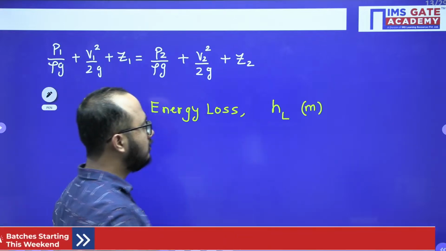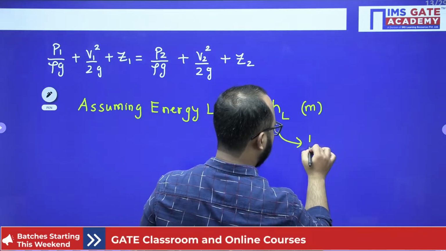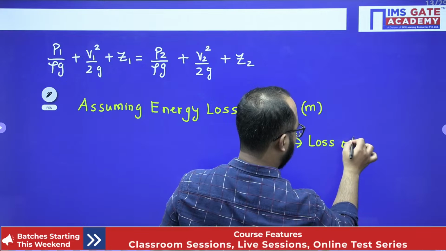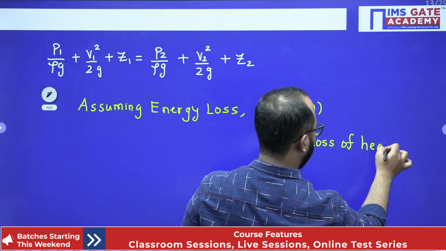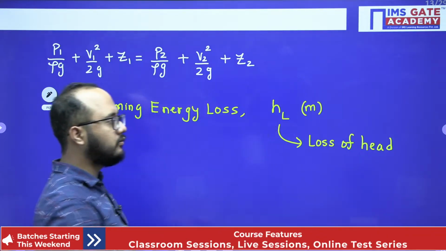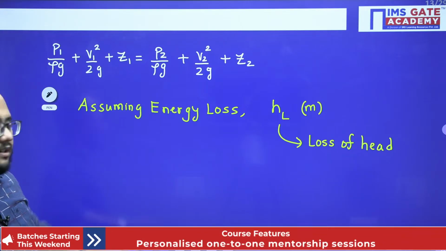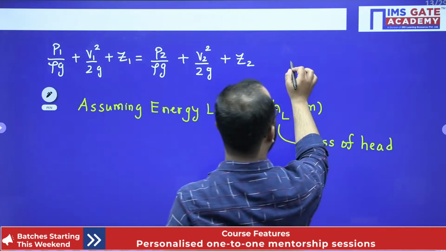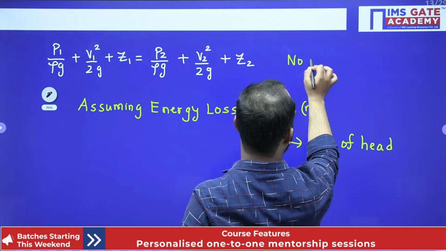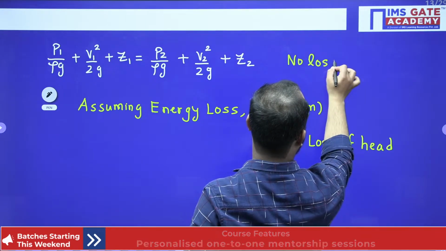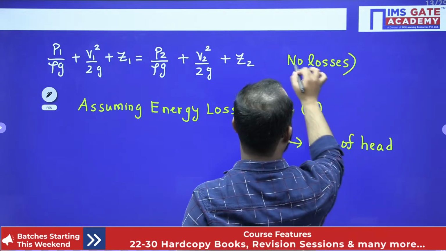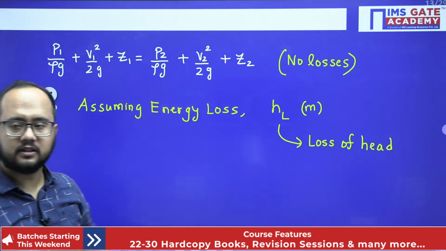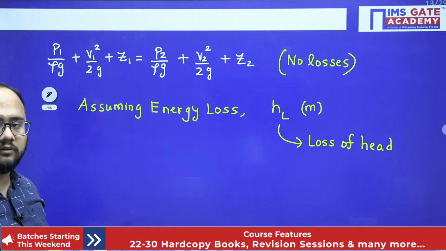HL is the loss of head. Now, how will I use this in this equation? Because this one is for the ideal case, when no losses are there. But in the case of losses, HL will be there. Now, how to write the equation?